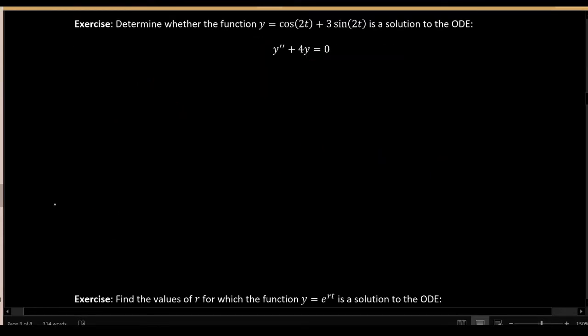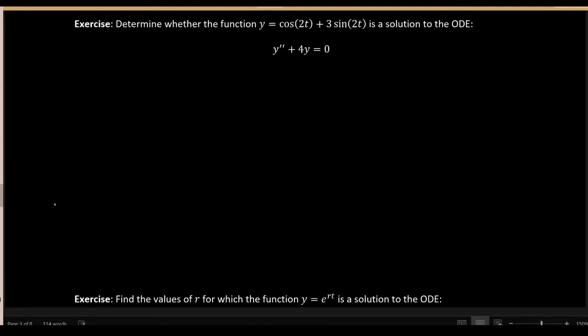Let's try it again here. In this case, we have the function y equals cosine of 2t plus 3 times sine of 2t. Let's determine whether or not this is a solution to the ODE y double prime plus 4 times y equals 0.